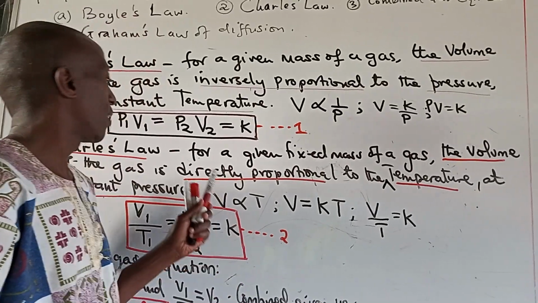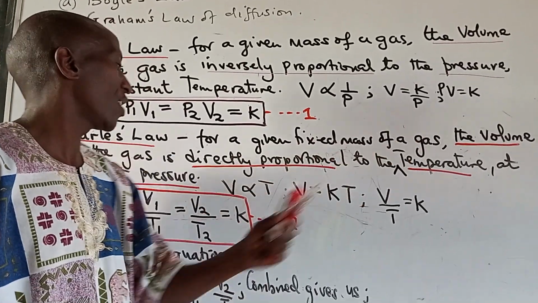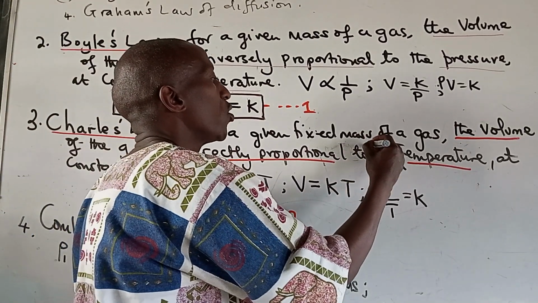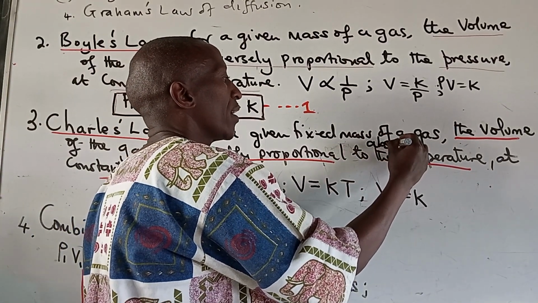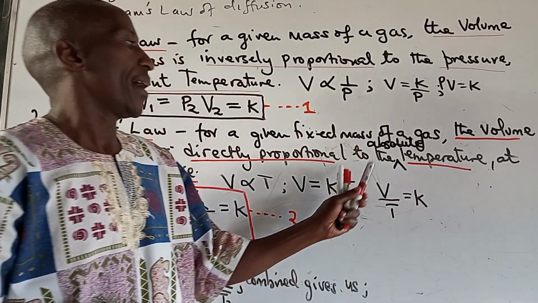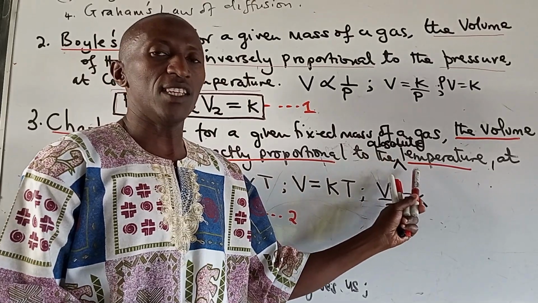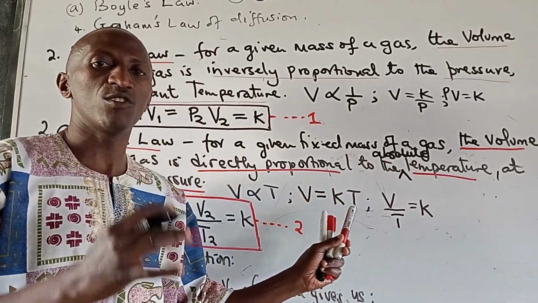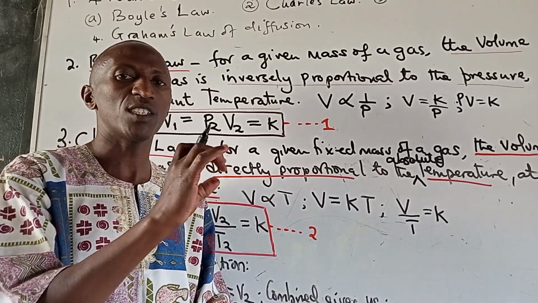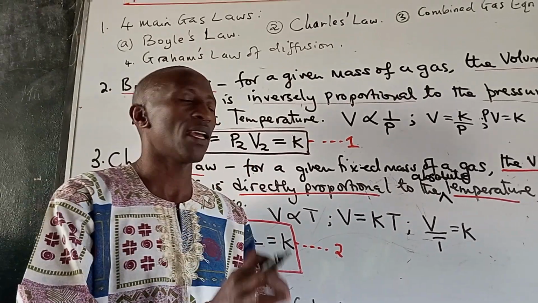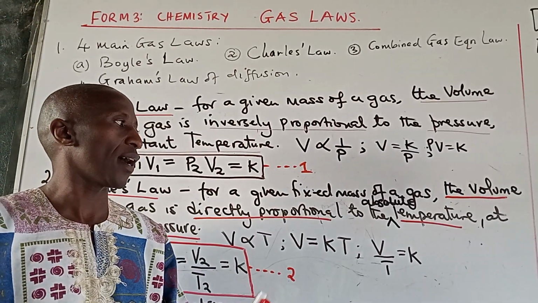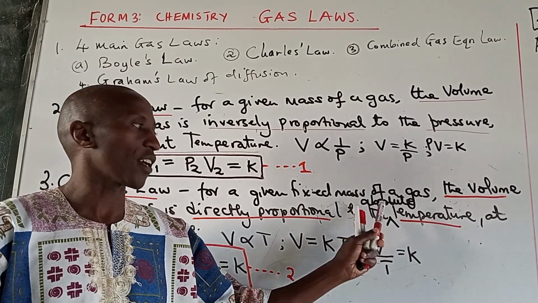So we say that for a given fixed mass of a gas, the volume of the gas is directly proportional to the absolute temperature. I'd like you to add the word absolute. This is temperature which is measured using the Kelvin scale, whereby to the temperature in degrees Celsius, we add 273 to give it the Kelvin scale.